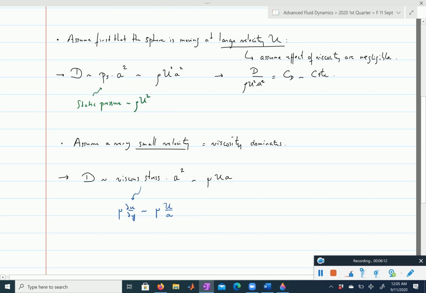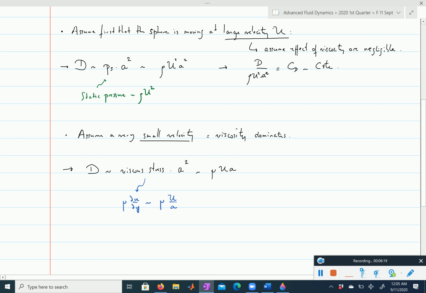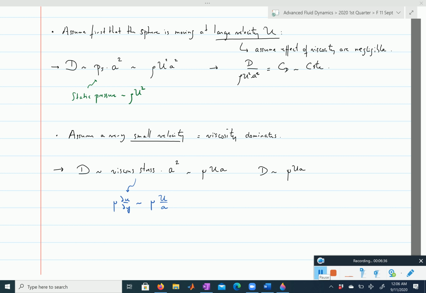Okay, now, so this is my scaling law, my scaling for the drag when viscosity dominates, right? Now, I want to rewrite it in terms of the non-dimensional parameter which I introduced here, which is the drag coefficient, and therefore I divide both sides by rho u squared a squared.